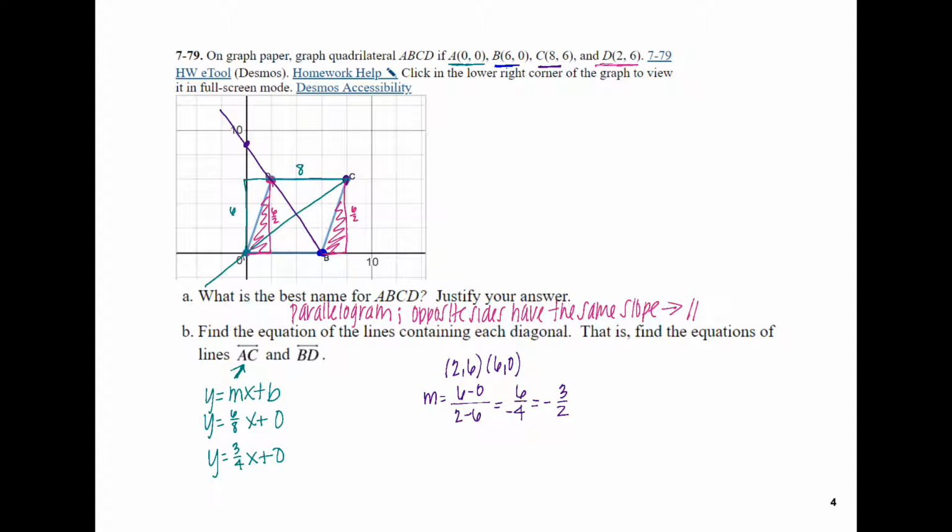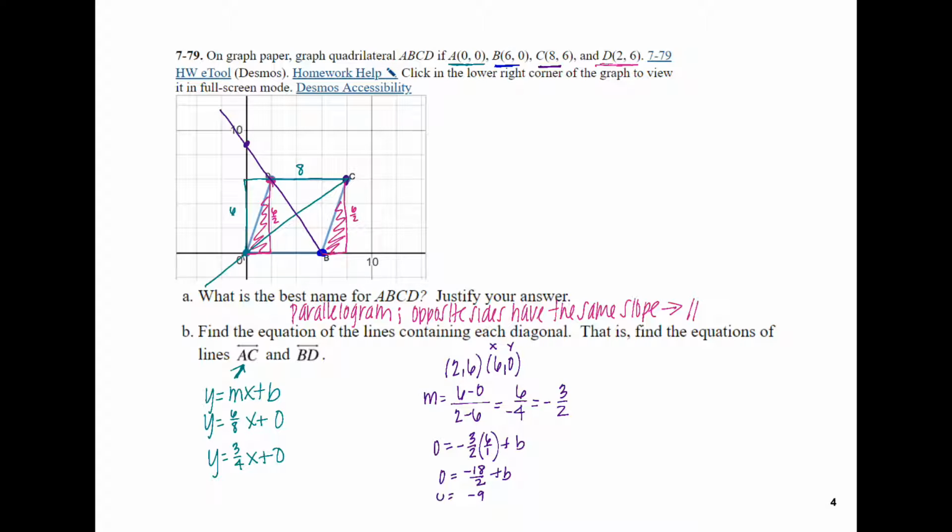When we have a point or an xy coordinate and a slope, we can plug it into y equals mx plus b. So I replace my y with the y value of my ordered pair, replace my x with the x value of my ordered pair, and I put it over 1 so that I can properly multiply my fractions straight across. 0 is equal to negative 18 over 2, which reduces to negative 9.